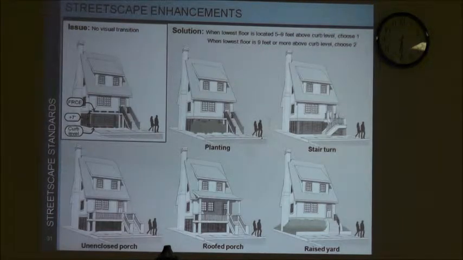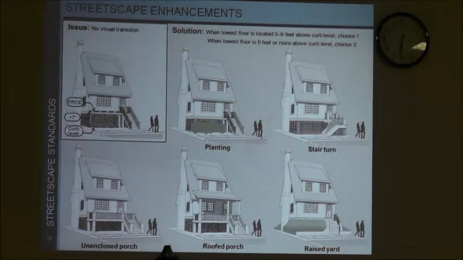So what we've done is provided, and this is only applicable if you have to raise your house more than 5 feet above the ground, an option of picking one of these 5 options, and don't worry Susan, we're working on some more. These options are to hopefully mitigate some of the impacts of this elevation.